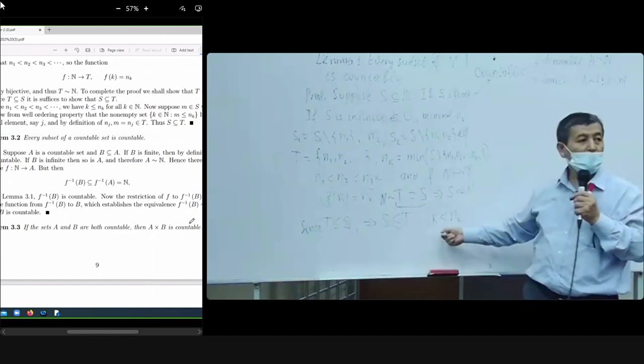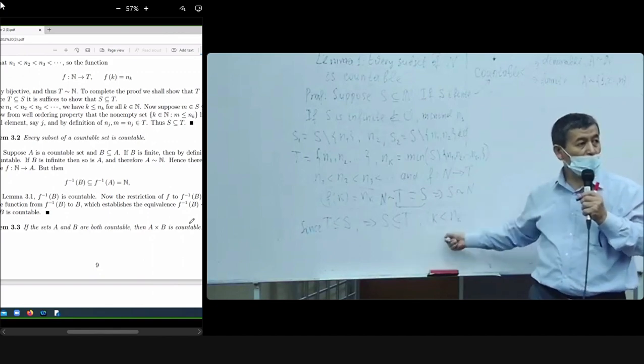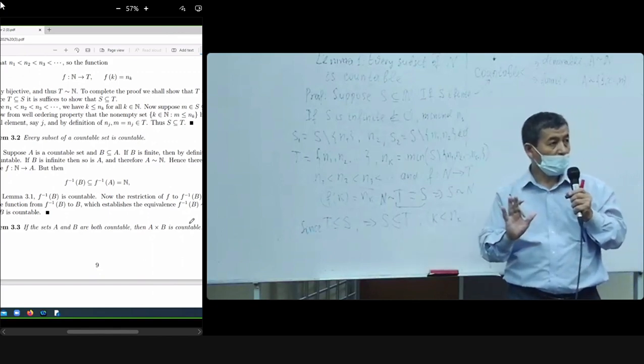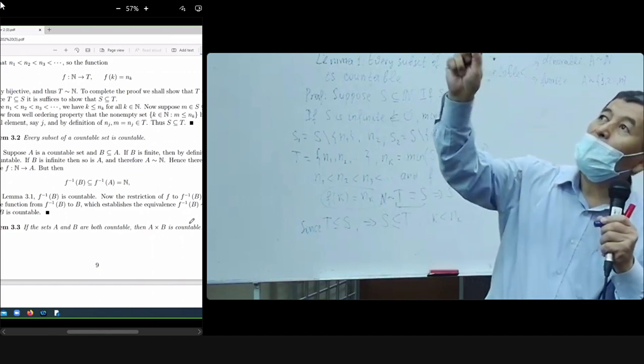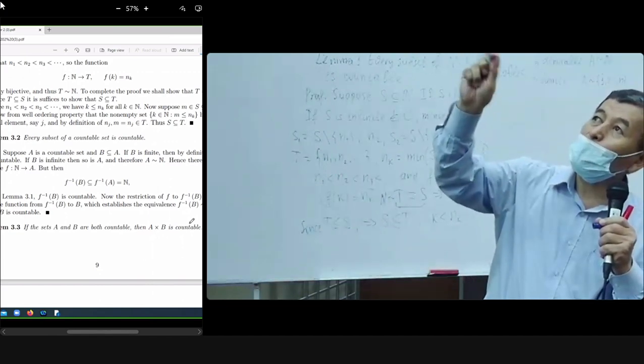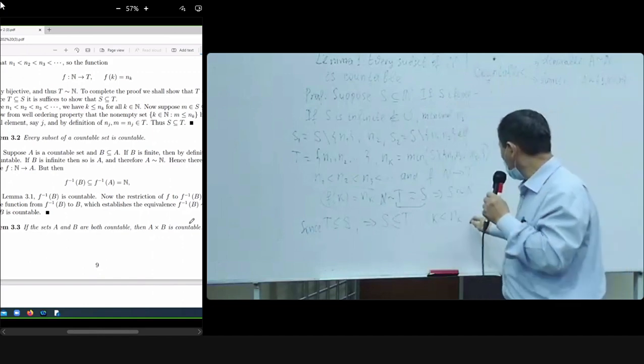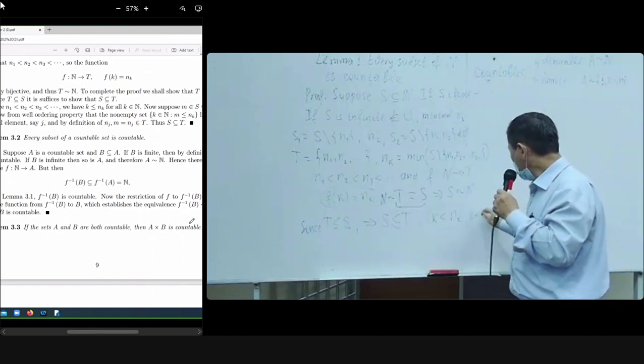So this inequality always holds. So the second step: K is less than or equal to NK for all K from N.